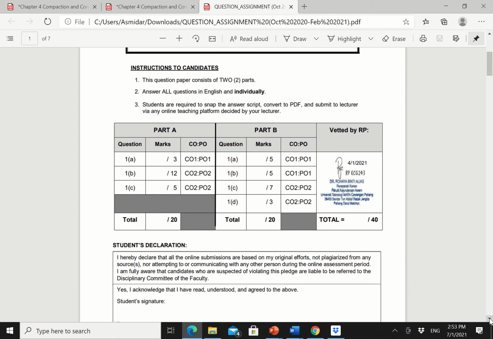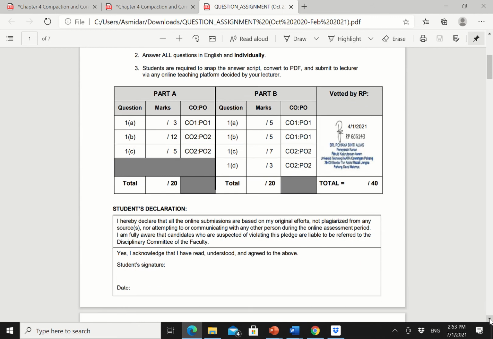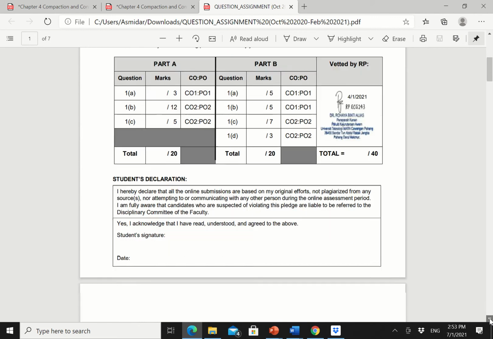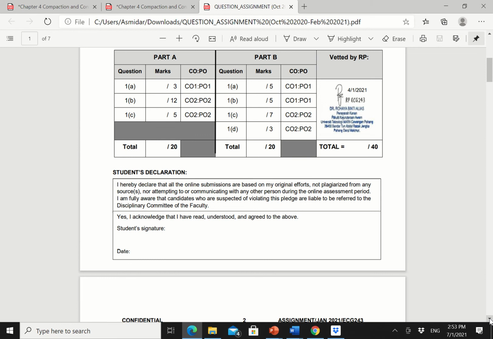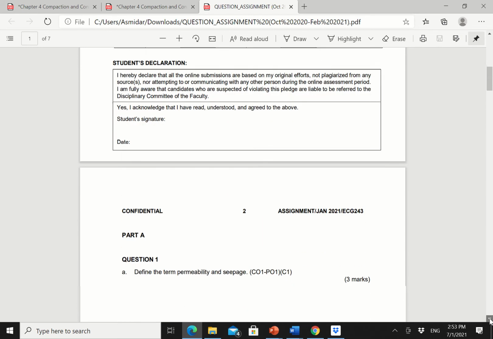In part A, you need to answer 3 subsections, and in part B, 4 subsections. The total marks will be 40%, but we will convert it to 25% for your assignment.